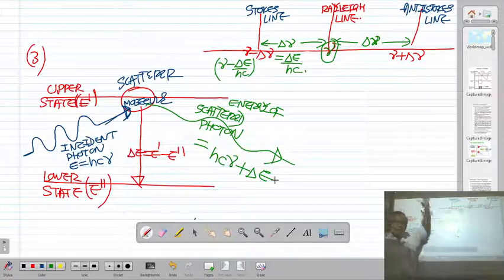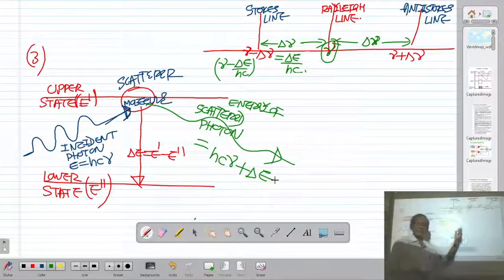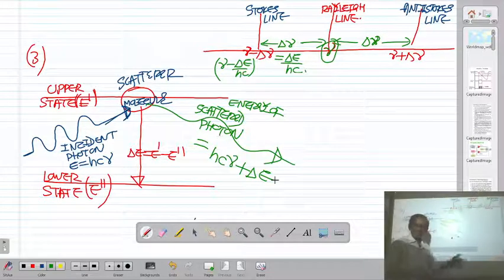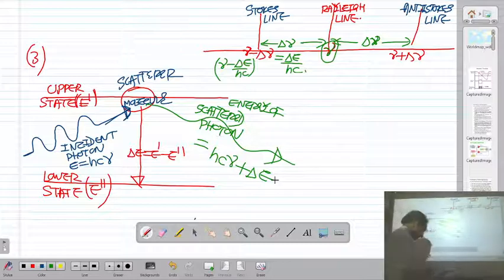In the previous case, the photon was losing the energy delta E, so it was scattered with smaller energy h nu minus delta E. Now in this collision, the photon is gaining delta E energy, so it is scattered with energy h nu plus delta E.